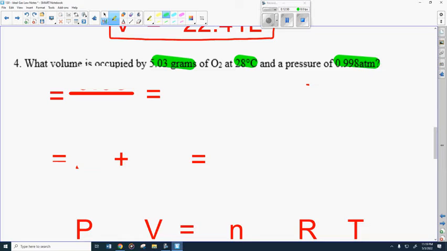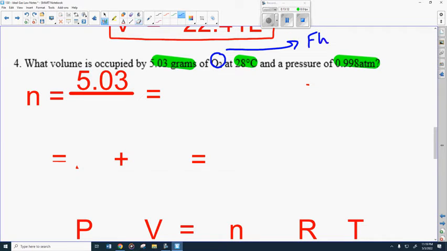Well, before I get to the ideal gas part of this question, where I have to do calculations, I'm going to go ahead and convert my units where necessary. So n stands for moles, okay? And so we have to convert those grams into moles. We will do that by doing our mass over formula weight equation. So I've got my 5.03, and because this is O2, we're talking about 2 oxygens here, okay?